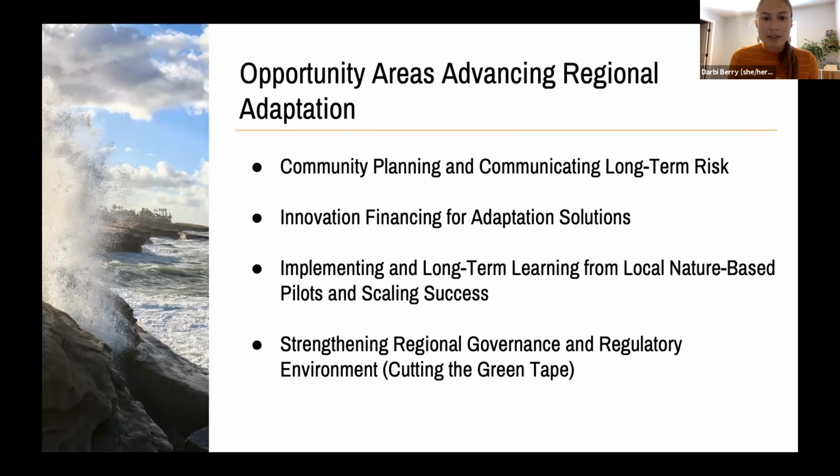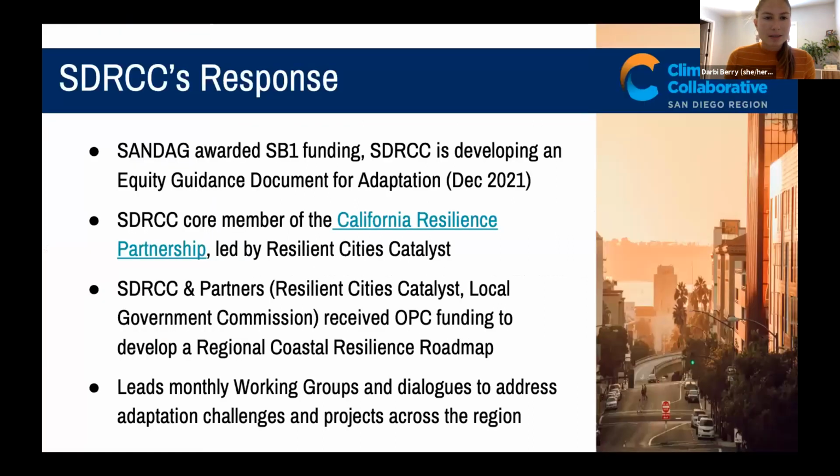As well as innovative financing for adaptation solutions: figuring out how to fund that whole project pathway from planning to implementation, all through the 4 phases. As well as implementing long-term learning, partnering with academia and other resources in the region to create a toolkit for a regulatory monitoring system, as well as, like I mentioned, strengthening regional governments and cutting the regulatory tape. So what can we work on as a region to prioritize these projects for implementation in order to move forward together? And next slide, please.